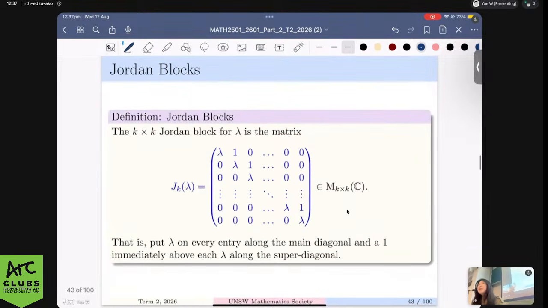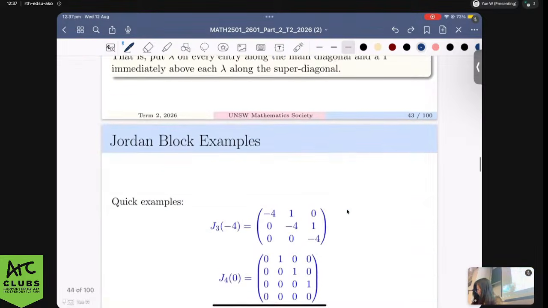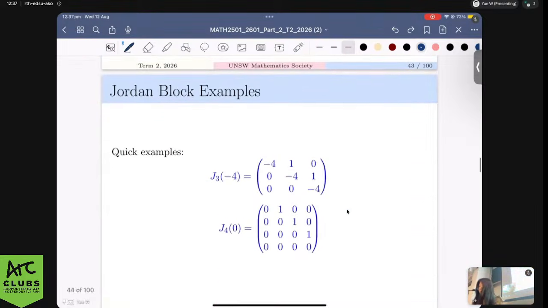Now moving on to Jordan blocks. A k by k Jordan block for lambda is of this form, where the diagonal entries are always lambda, and you put 1 above each corresponding lambda. That's called a Jordan block. Here are some quick examples. J3 of -4 is going to be a 3 by 3 Jordan block, which is why this is 3 by 3.